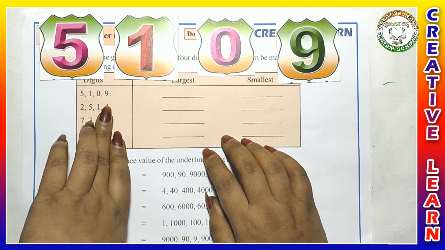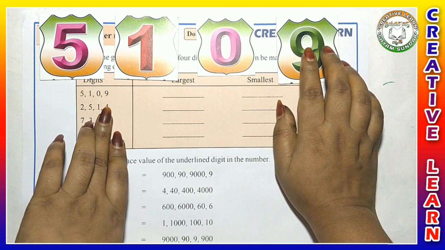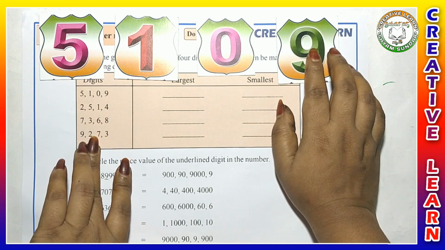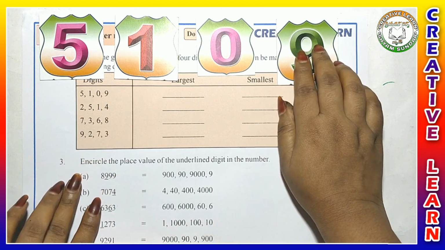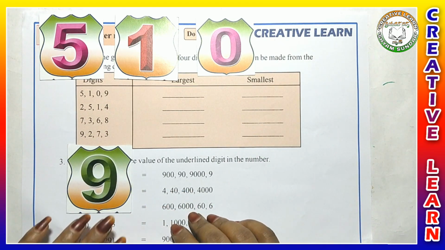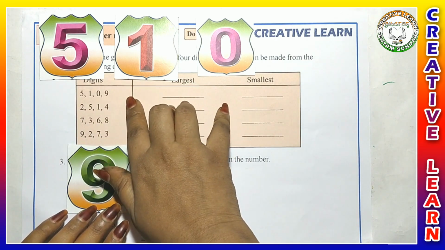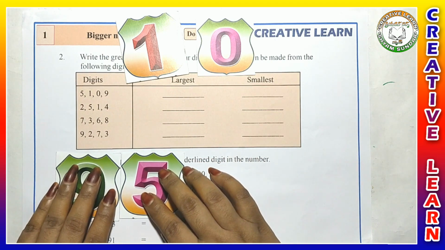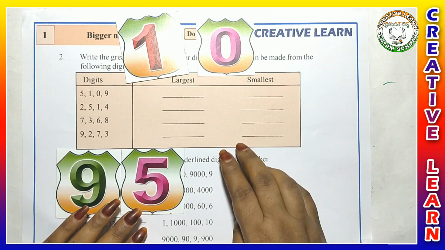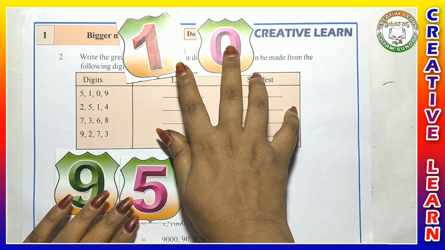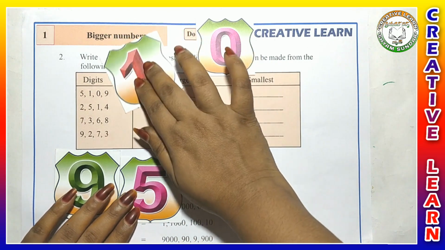First, largest number means we have to take the largest digit first. Means we have to get the largest digit in the 1000 place. Means 9. Next, from these 3, which one is the largest one? 5. Let's take 5 in the 100 place. Now from these 2, which one is the bigger digit? 1.